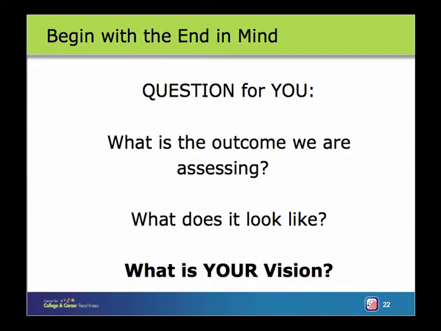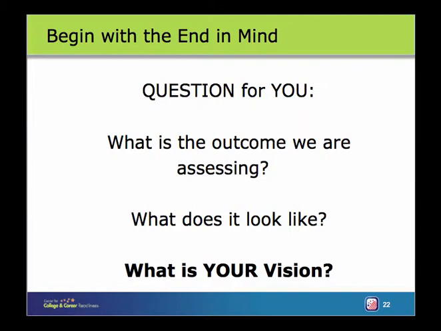So really what we need to do to ensure that we are increasing the rigor of our courses is to begin with the end in mind. And this doesn't matter if you're thinking about your entire course, a unit, or a lesson. What you need to determine is what outcome are you assessing? What does it look like? It could be, what does the student know and what are they able to do at the end to demonstrate that they know the material?